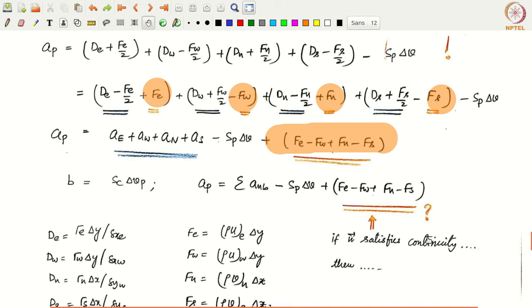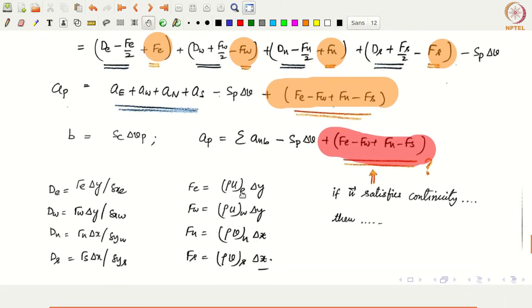So this quantity would be 0 if you have a continuity-satisfying velocity field for which you have to calculate the transport of the scalar. That you have to verify once again.